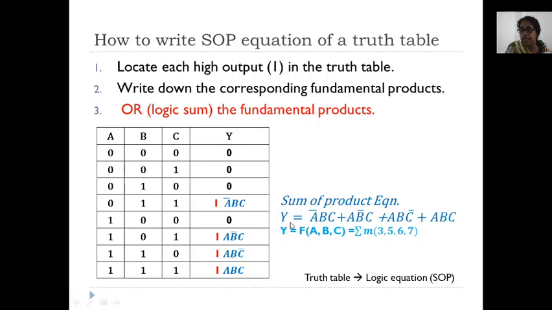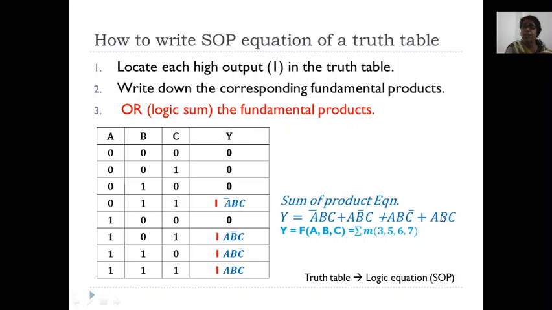Here you could see the equation as Y. That is important, the left hand side should be Y equals A bar BC plus AB bar C plus ABC bar plus ABC. This is one of the forms of a sum of product equation.